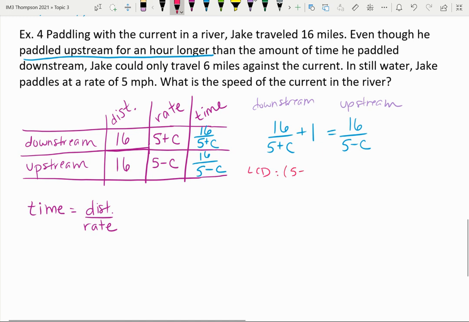Well, all the pieces of my denominator are 5 plus C and 5 minus C. So I'm going to multiply everything by my common denominator. I'm going to reduce everywhere possible.